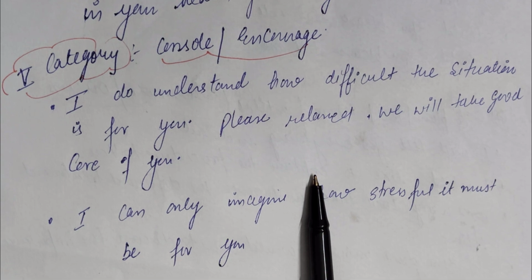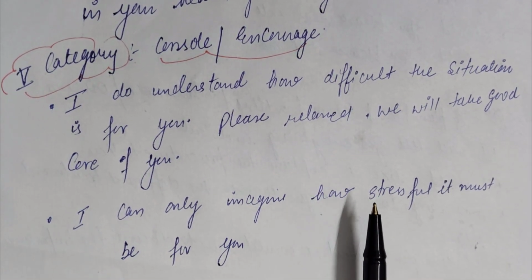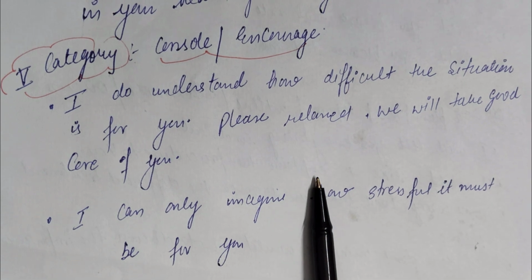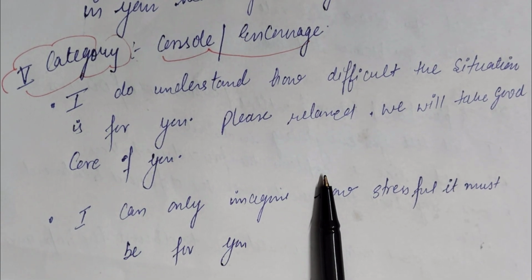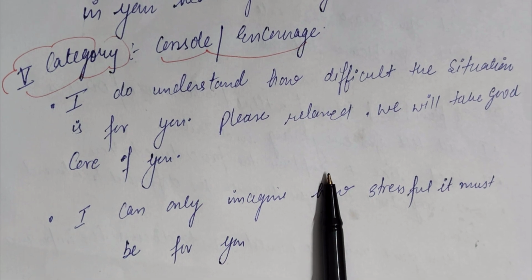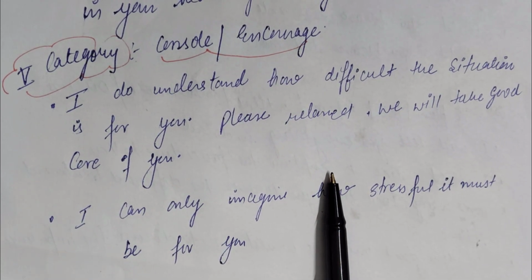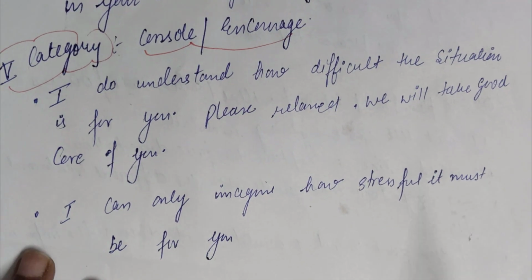With this the patient can feel relaxed. Another is indirect empathy, where the nurse has not faced that problem but is just providing empathy to the patient. So that is console or encourage.